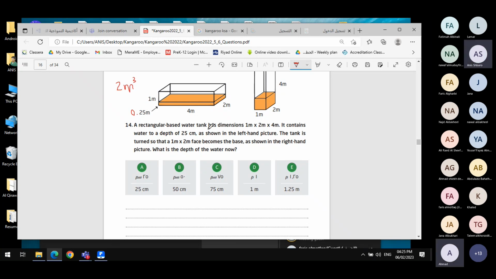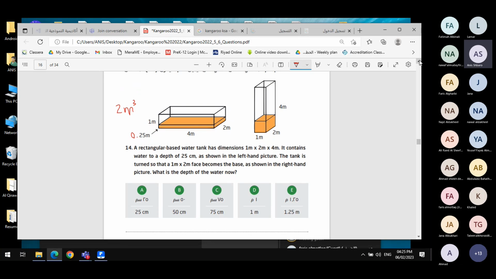Teacher, if you see the liquid on the other side, it's half of the 4 meter. Half? Are you sure? I don't understand how we made it 2 and multiplied 2 and 4 and 25.